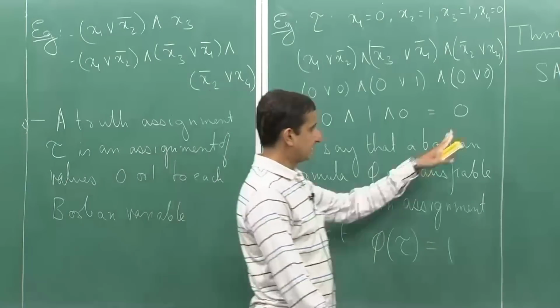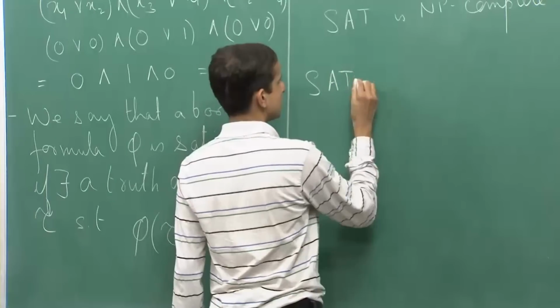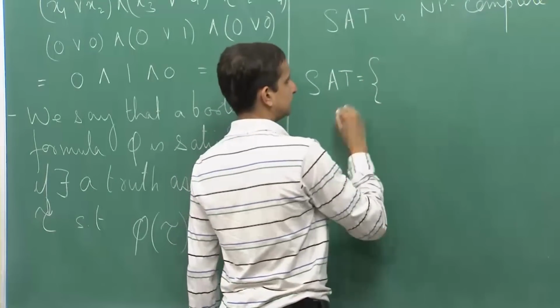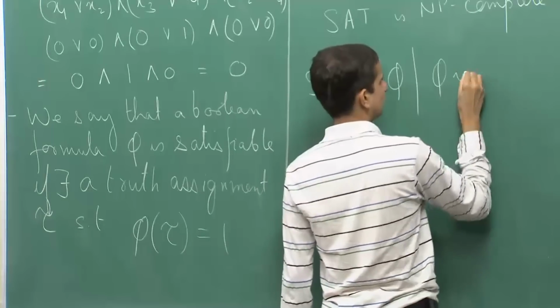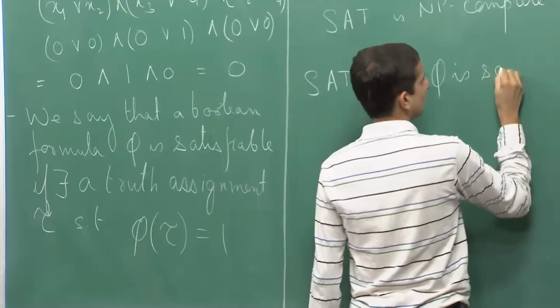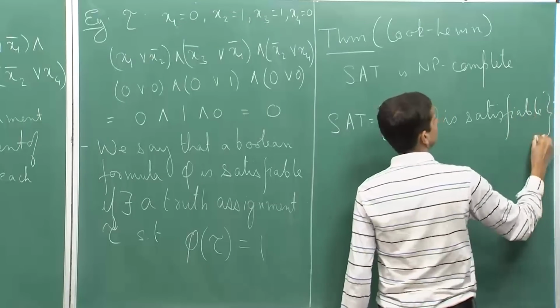And now we can define the problem SAT. SAT is basically the set of all formulas phi such that phi is satisfiable.